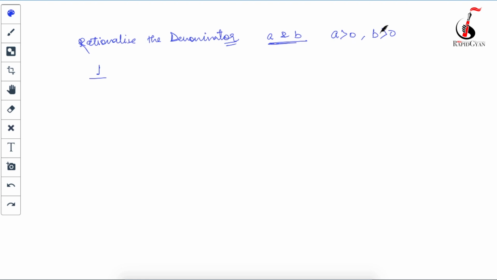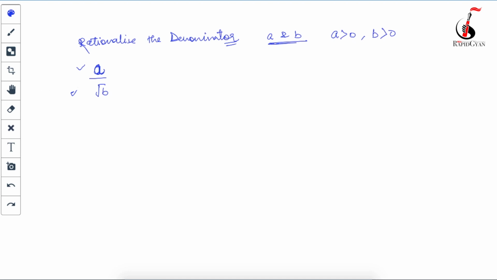So there are three cases. If a rational number is in the numerator, like a upon under root b, means rational number in the numerator and irrational number in the denominator.